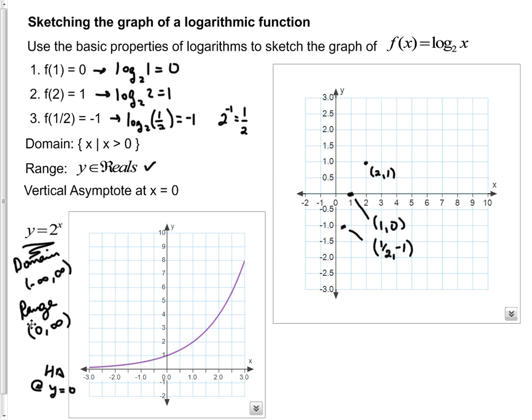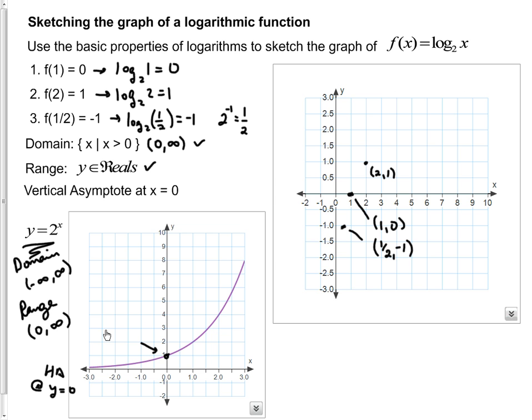The range of the function y equals 2 to the x is 0 to infinity, so the domain of the inverse function will be all x greater than 0. In other words, from 0 to infinity in interval notation right here.